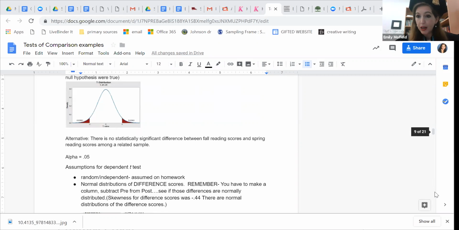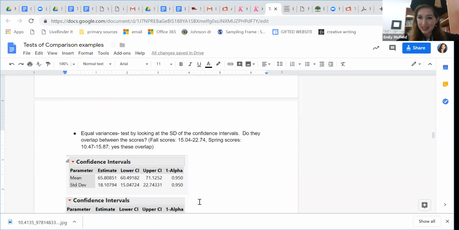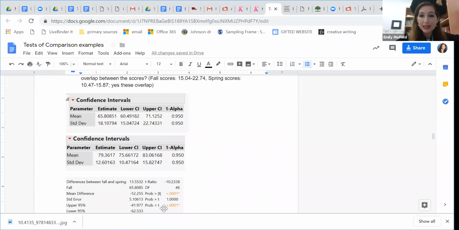If it was not between -1 and 1, I would look at kurtosis to see if kurtosis is between -2 and 2. All right, so then moving on, I need to look at equal variances. Now remember, for dependent t-tests, I am looking to see if the standard deviations between time 1 and time 2 overlap.